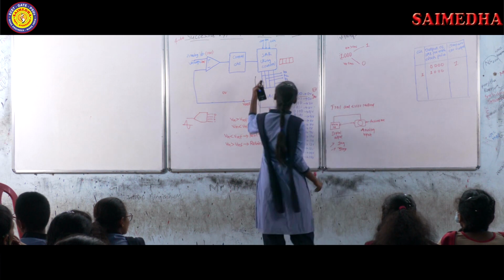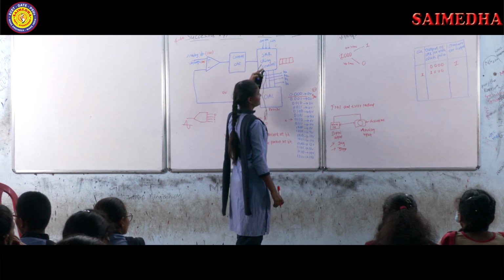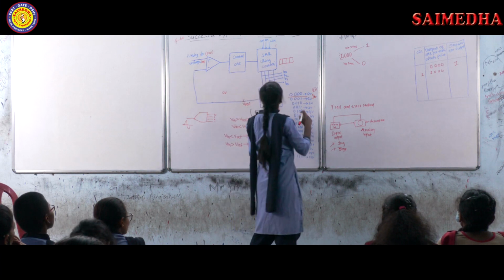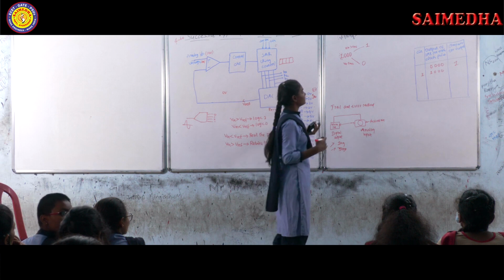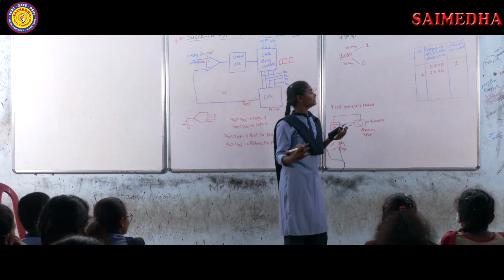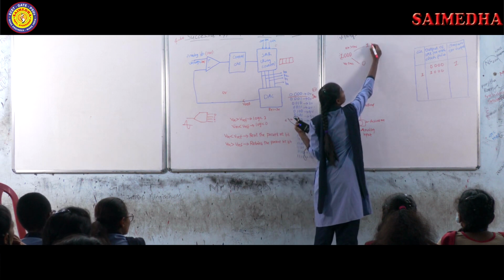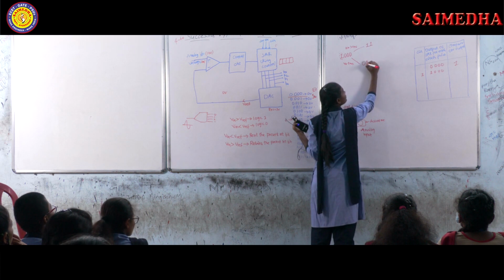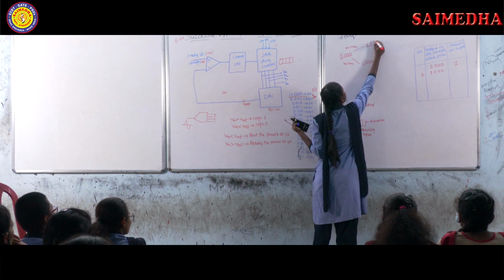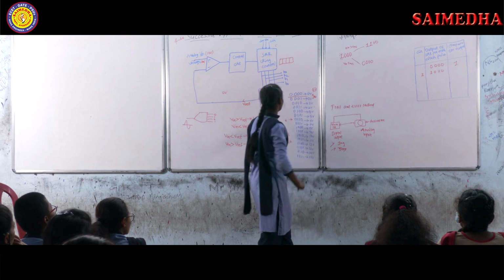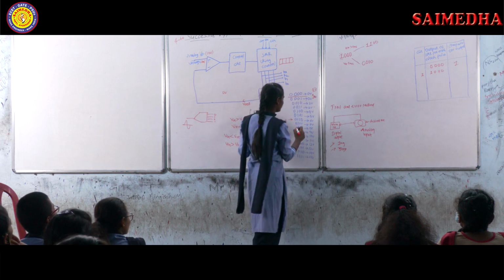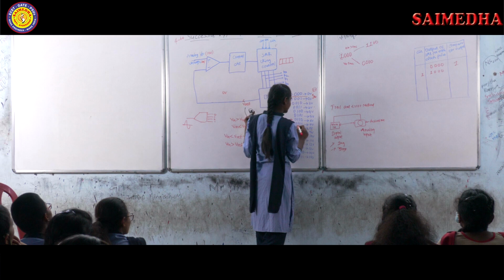Next, when we give the second clock pulse to the SAR, the next LSB bit will be set. It sets one bit at a time, so the next bit will be 1. Our output is 1000, and the corresponding voltage is 8 volts.